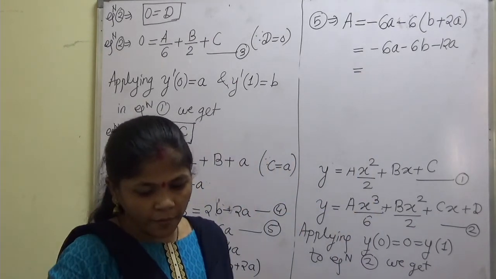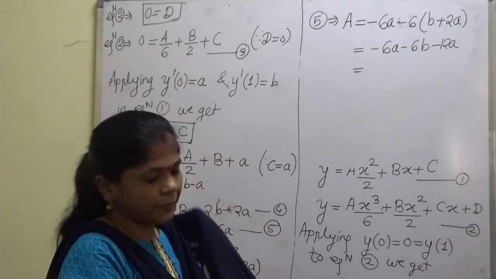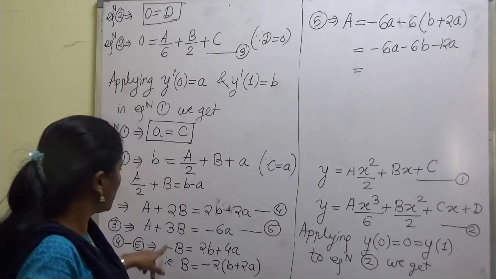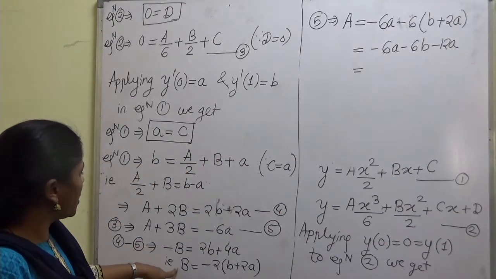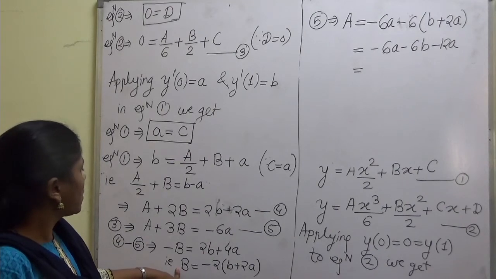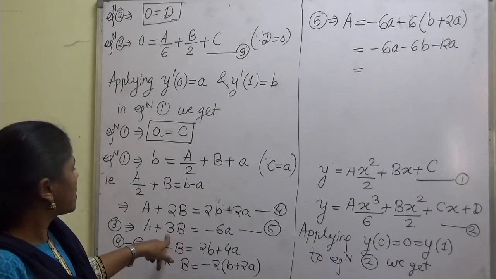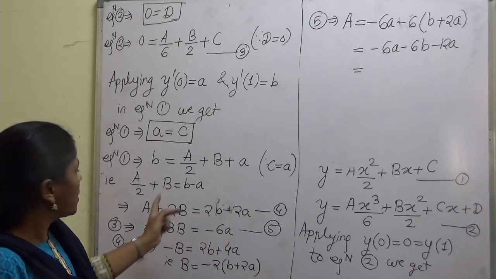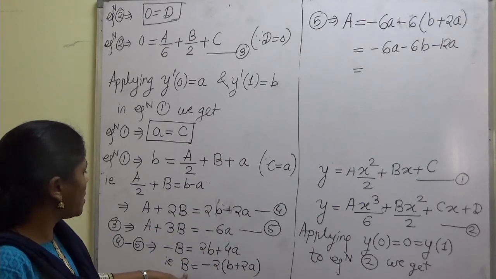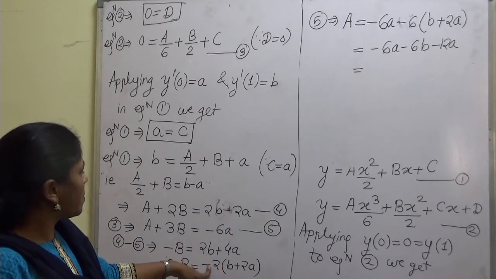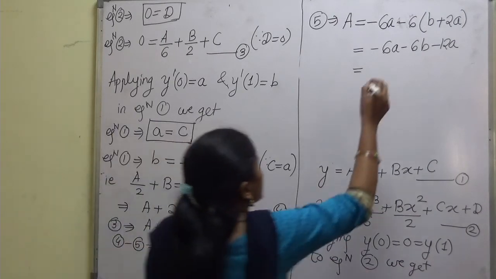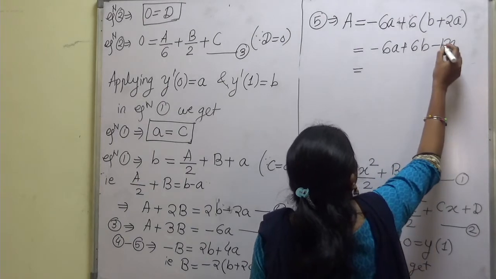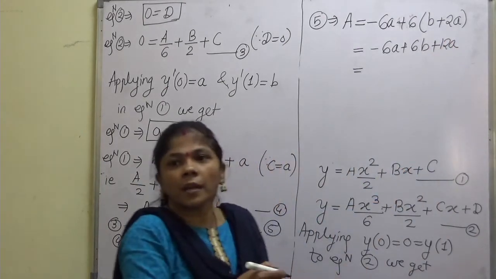So what you will have? This will be nothing but, yes, we are substituting the value of b, na? That is here. So minus 6a, this will be minus 3 times b, that is minus 3 times, so plus 6, sorry, right?